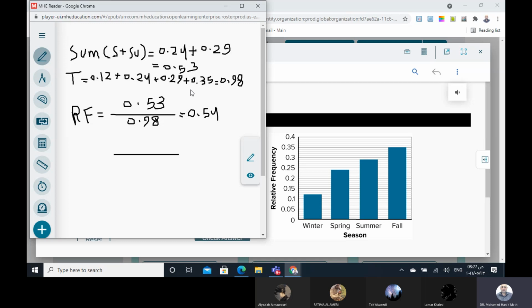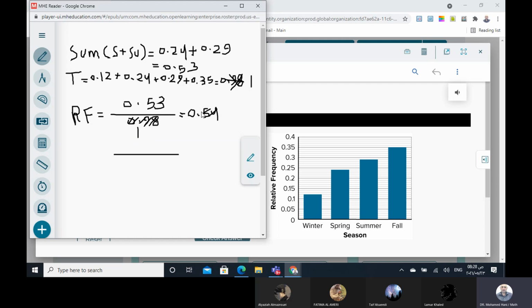I will revise: we have 0.12 plus 0.24 plus 0.29 plus 0.35. So the answer will be 1. Great, excellent, Lamar. So the answer here will be 1.